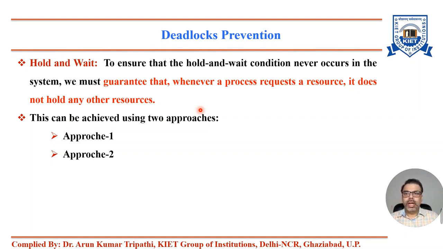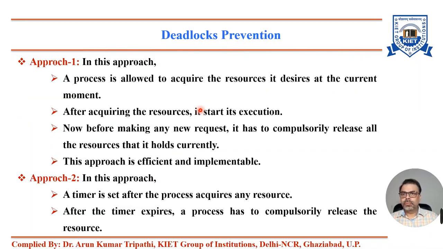For this, we have two approaches. In the first approach, a process is allowed to acquire the resources it desires at the current moment. After acquiring the resources, it starts execution.